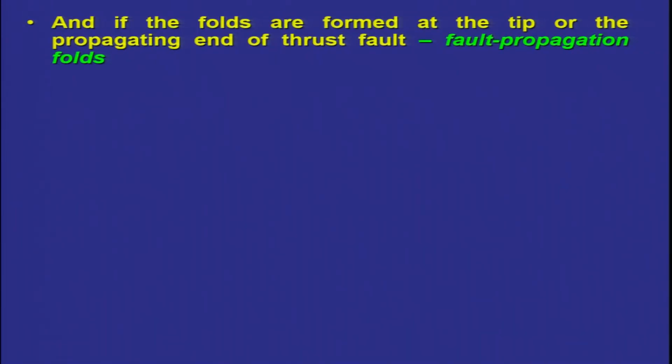And if the folds are formed at the tip, or the propagating end, of the thrust fault, so when we are talking about that, if you have the flattened ramp, and if the folds are forming at the tip like this, then those are termed fault propagation folds.